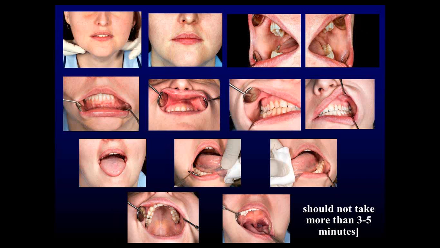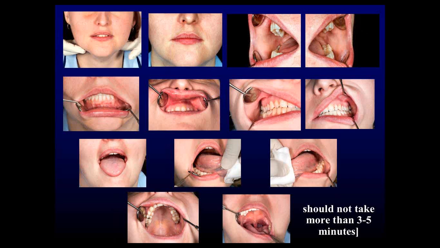Because mind you, oral cancer in the early stages is most of the time asymptomatic. So it might be that a white patch or red patch has been there for many years unknown to the patient, and if a proper systematic oral examination is not done, it would be unknown to the dentist or the health professional as well.